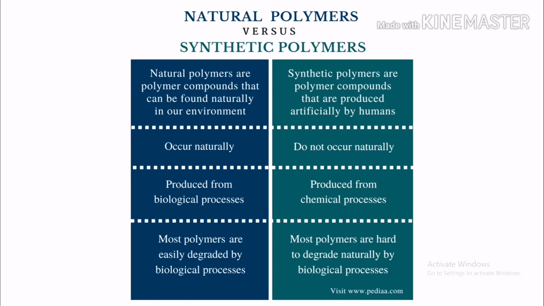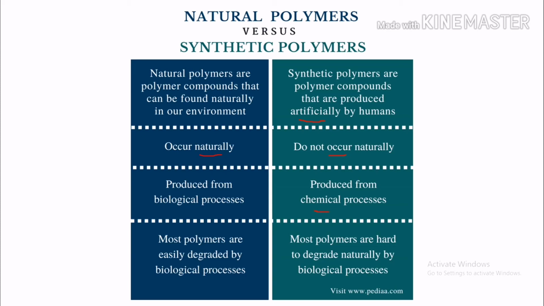They are different types of natural polymers. Synthetic polymers are polymer compounds that are produced artificially by humans. Natural polymers occur naturally, and synthetic polymers don't occur naturally. Natural polymers are produced from biological processes in our body by using enzymes, biological catalysts.